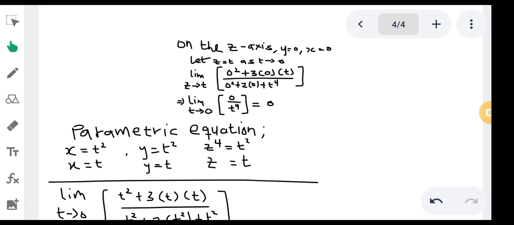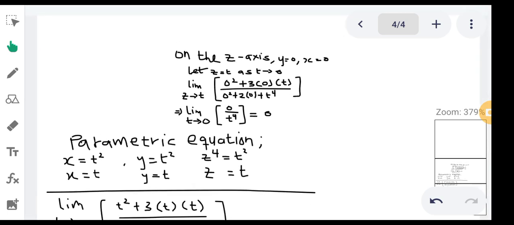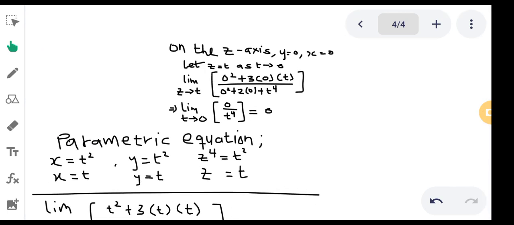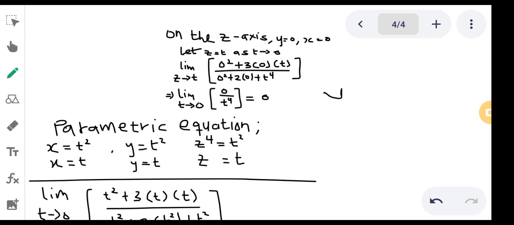Here we can't approach it by the line y is equal to x, or a straight line, because the function has two or more variables, that's x, y and z. So we can use that path. This is what I'm talking about. We can use the equation y is equal to x.